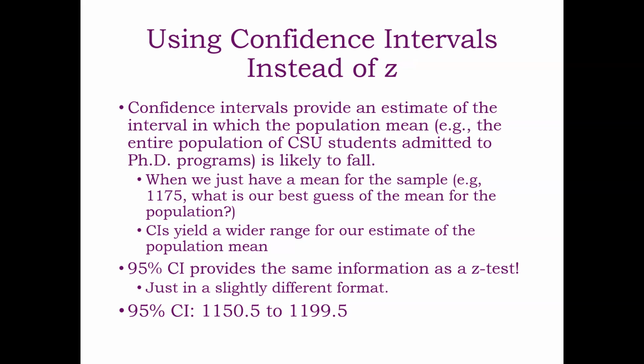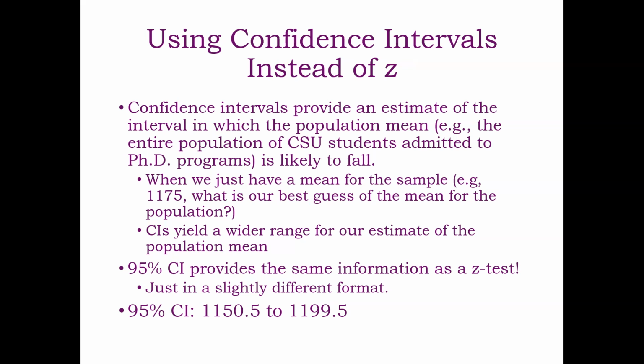In this example, we can say the range likely in the population for CSU students is 1150.5 to 1199.5. Remember, we are comparing them to 1150, and this confidence interval does not include our test value of 1150.